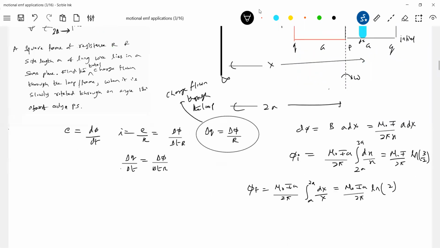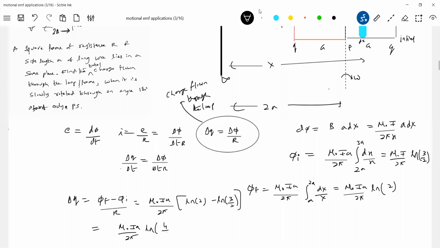So what is delta Q equal to? Delta Q is equal to the difference in flux. Which flux will be more? The initial flux will be more than the final flux, no? Take the difference of this. So this will be mu naught I a by 2 pi, log 2 minus log of 3 by 2, which is mu naught I a by 2 pi, log of 4 by 3, by resistance R.